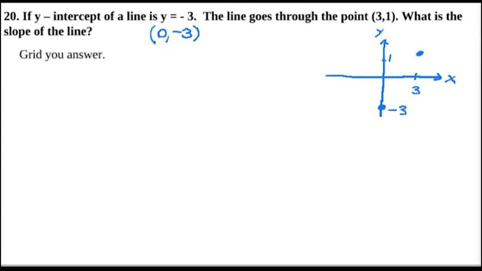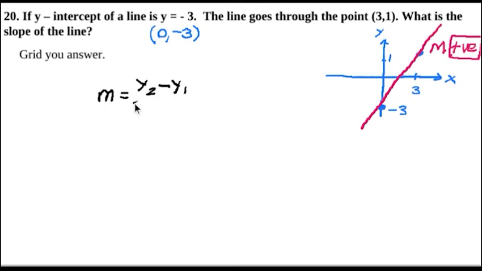So if we look at this carefully, we can see we have a positive slope here. So that's going to help us in our judgment of the answer. Alright, so what we need to do now is to put it all together into the slope formula. So we'd have m is equal to y2 minus y1 over x2 minus x1.